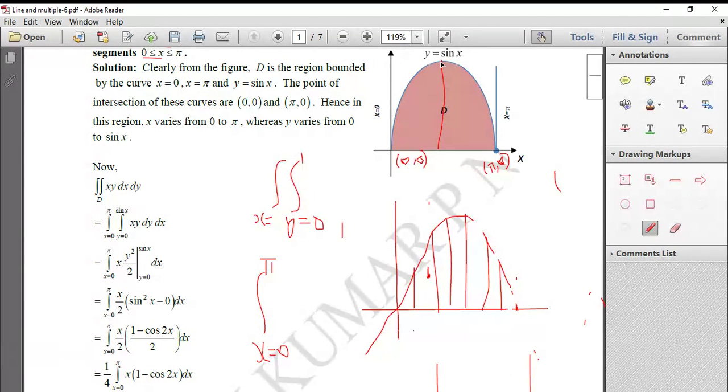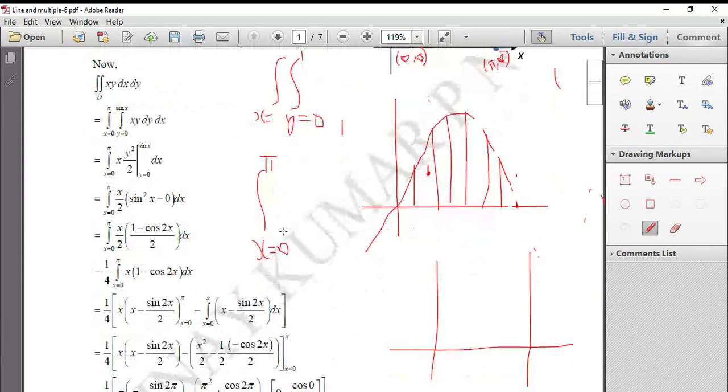y is 0 here, it is going up to here maximum, so 1. If you say y is equal to 1, this becomes the lines x equal to 0 and x equal to pi, these two lines, and y is equal to 0, that is the x-axis, and the line y is equal to 1. So you're getting a rectangle: x equal to 0, x equal to pi, y equal to 0, y equal to 1.